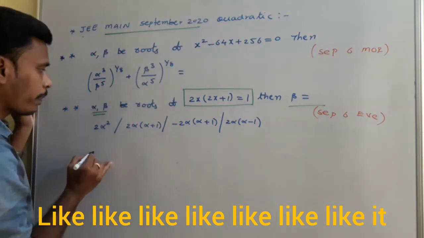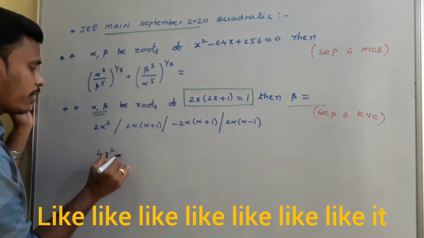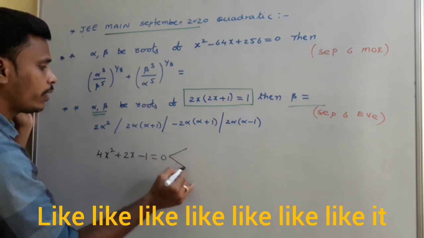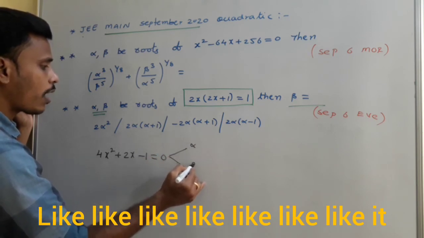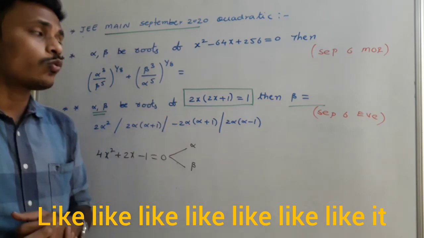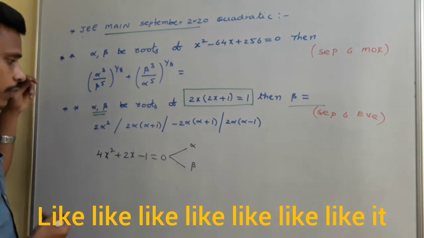When you multiply, 2x into 2x is 4x square, so 4x square plus 2x minus 1 is equal to 0. This equation has two roots, alpha and beta. I need to get the value of beta in terms of alpha, as a part of simplification.